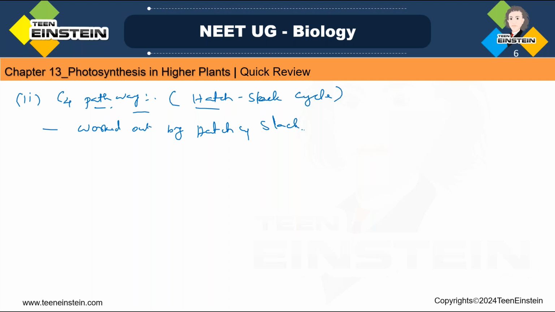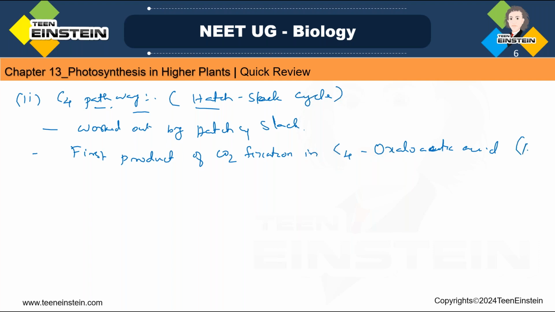And the first product of carbon dioxide fixation in C4 pathway is a C4 acid, oxaloacetic acid. So this is a previous year question. Oxaloacetic acid, OAA, that is the first product of carbon dioxide fixation in C4 pathway.